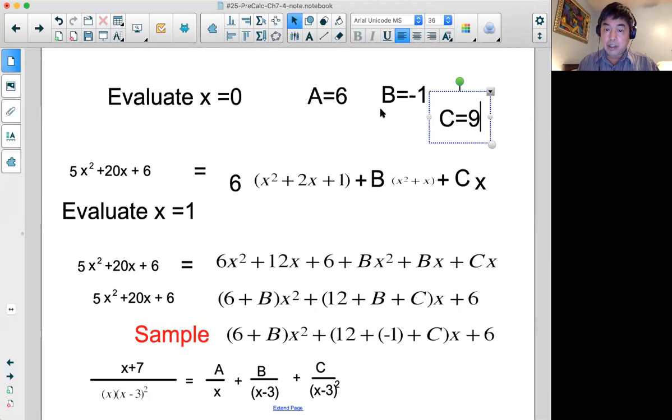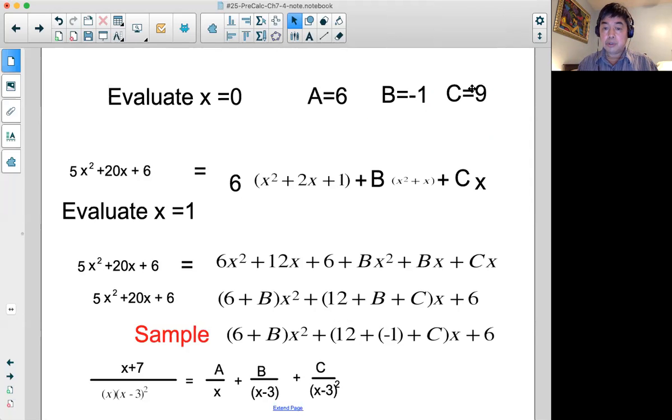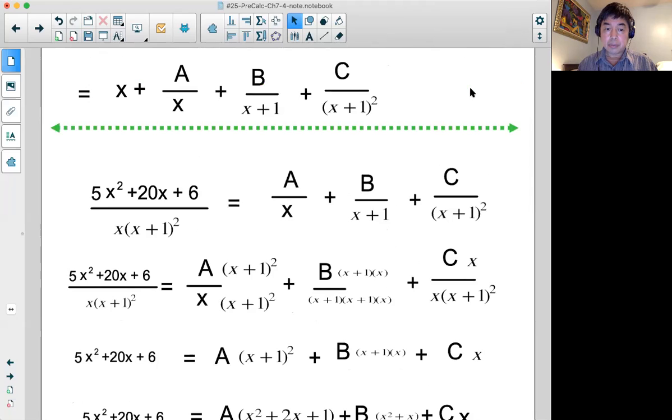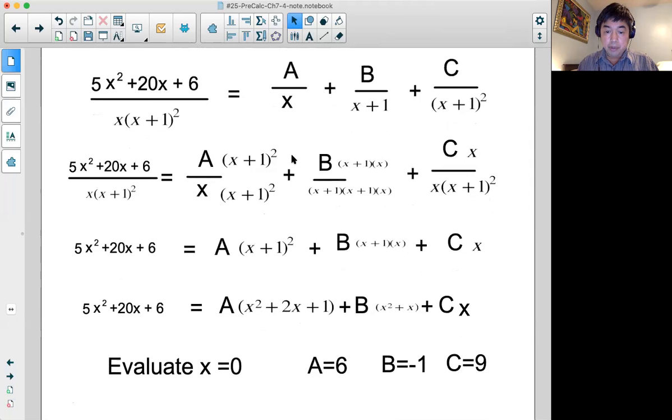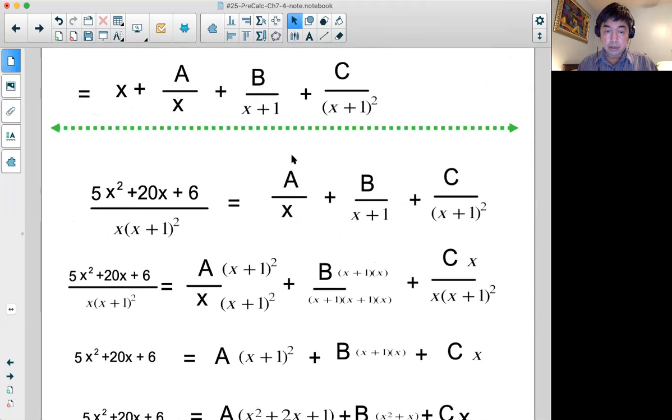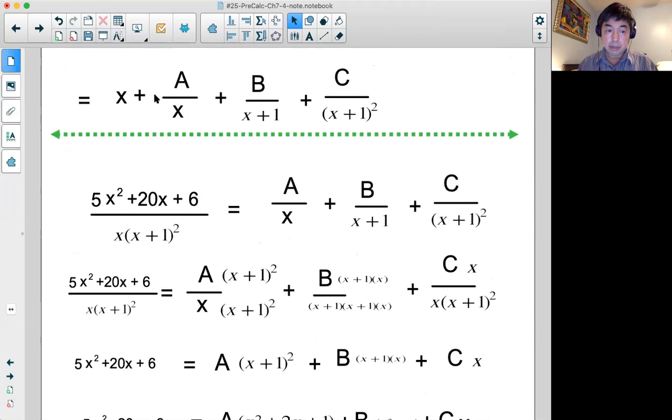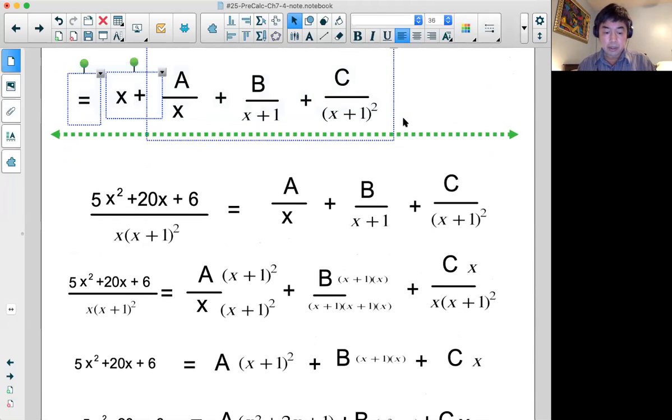So you plug in this A, B, C to this right here. Okay? So let me cut and paste somewhere. So I need a space, so I will just get the space here.